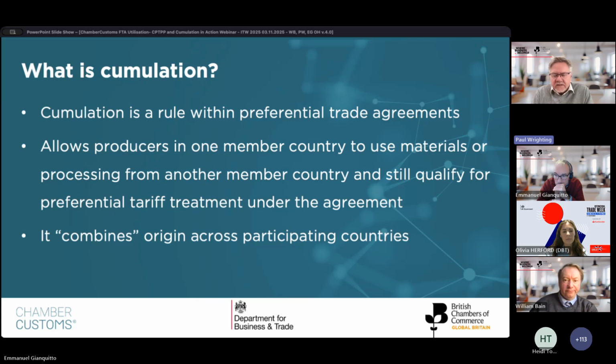What accumulation means is that other countries' products can be used to qualify as UK origin, to make it easier for your goods to qualify. So this allows us to expand our trading partners, use different suppliers, and yet still get the origin. It combines the origin across participating countries. Next slide, please, Emmanuel.